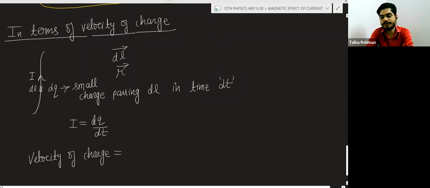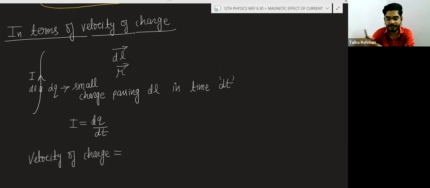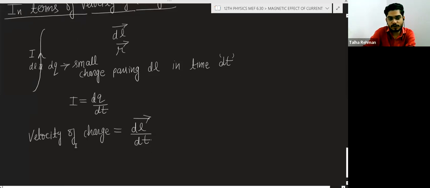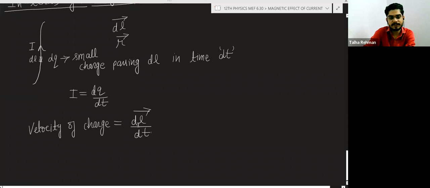What is velocity? Velocity is the displacement divided by time. And what is the displacement? You have dl vector. And what is the time? dt.